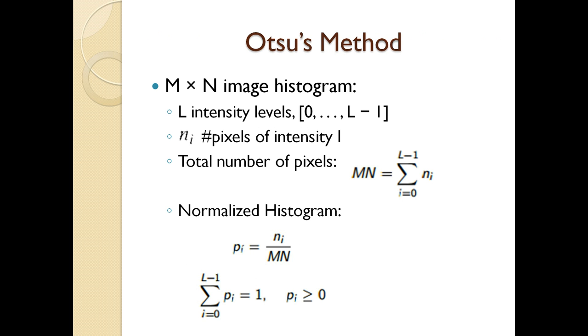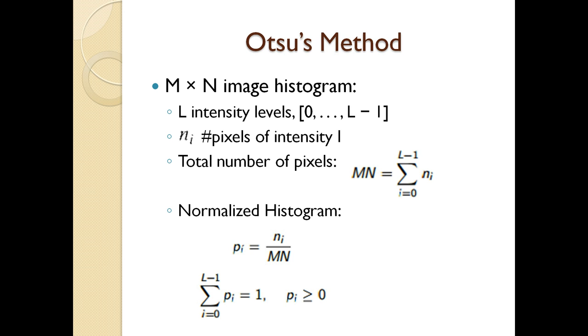And so now I'll start talking about optimal global thresholding, and this is commonly done through Otsu's method. This will take an m by n image histogram with L intensity levels ranging from 0 to L minus 1 in this case, and n sub i numbers of pixel intensities.